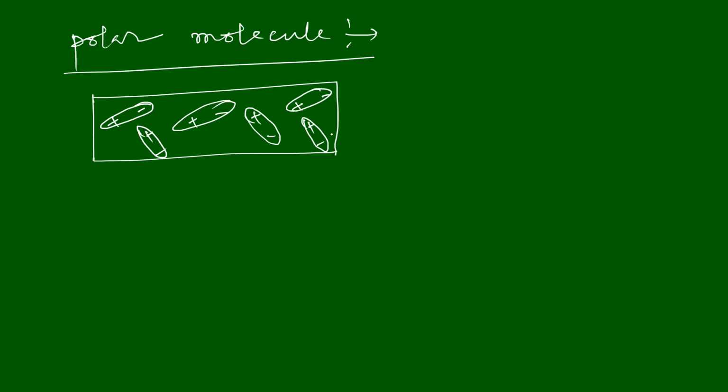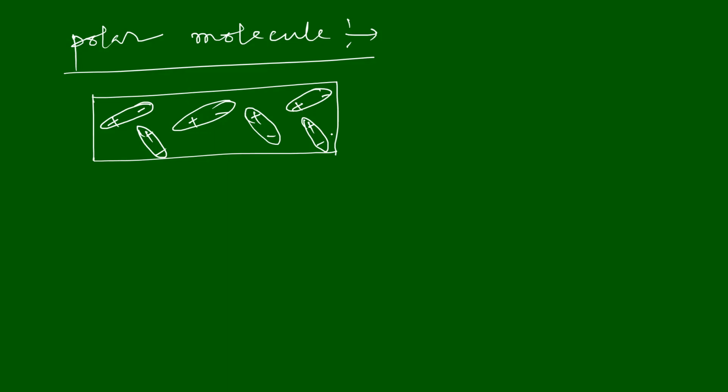You can see that the positive and negative charges are already separated by a small distance. So initially they have some permanent dipole moment. Now whenever you place that dielectric slab in an electric field, what will happen?